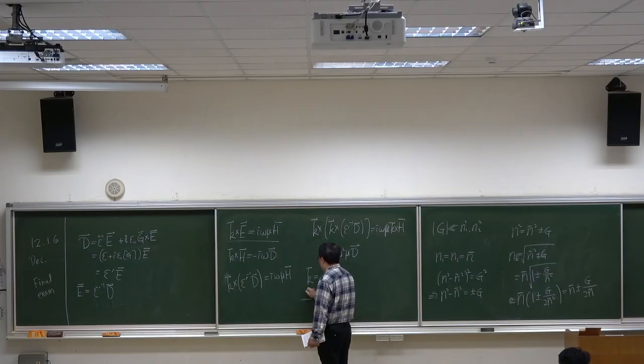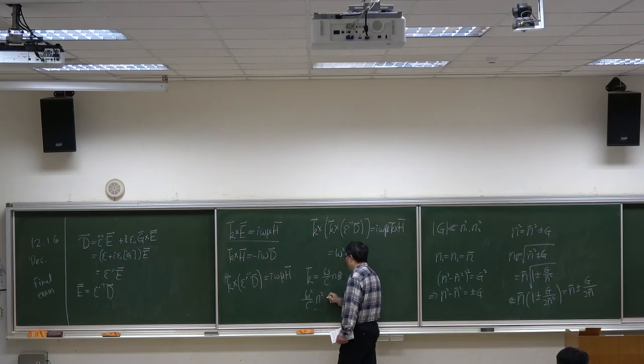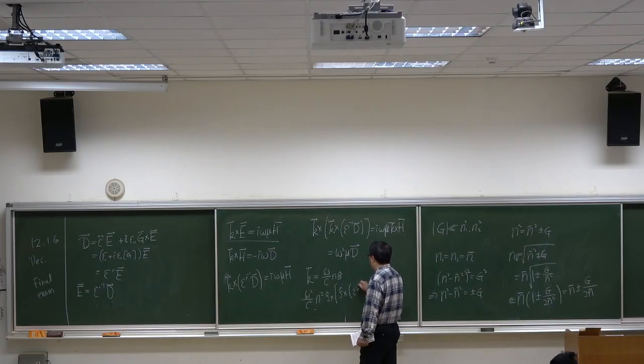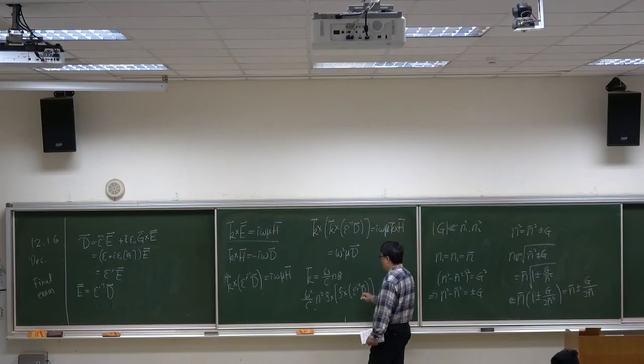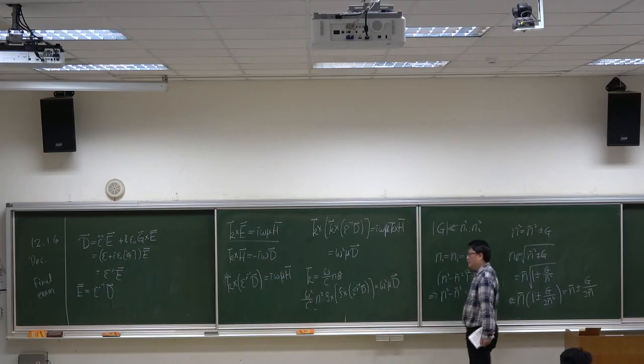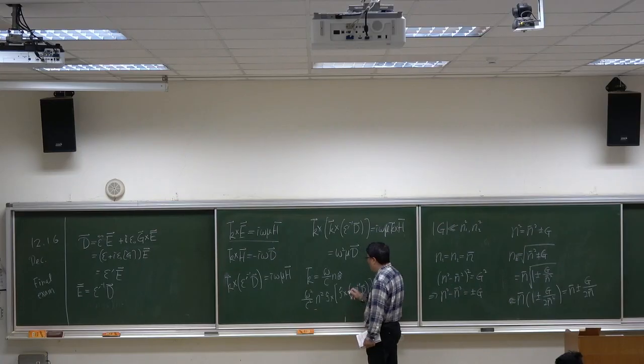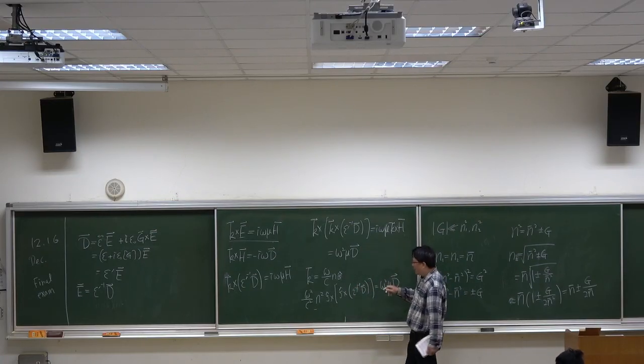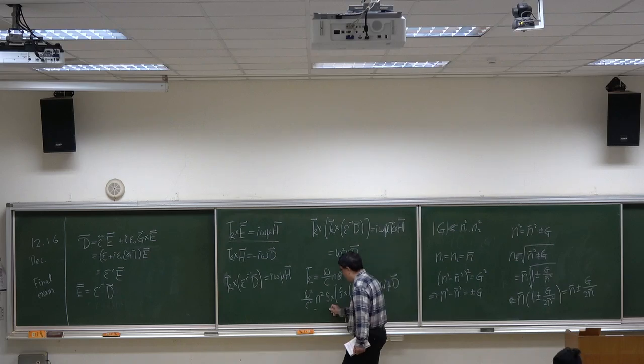We get omega squared over c squared times n squared times s cross epsilon prime inverse D is equal to, by epsilon 0.